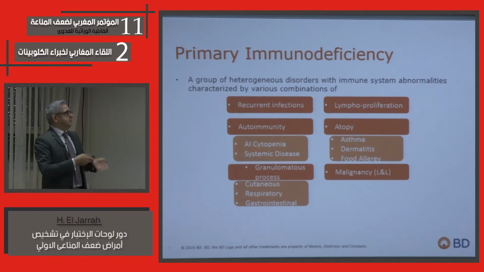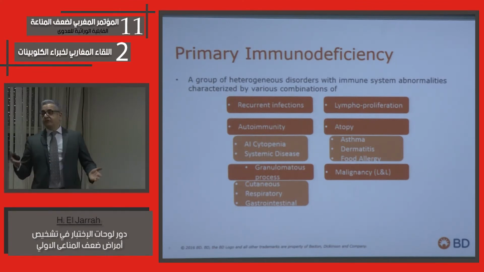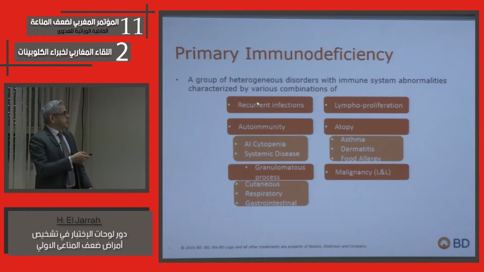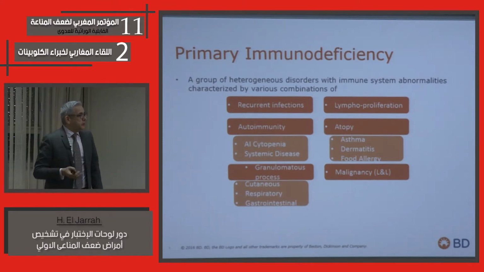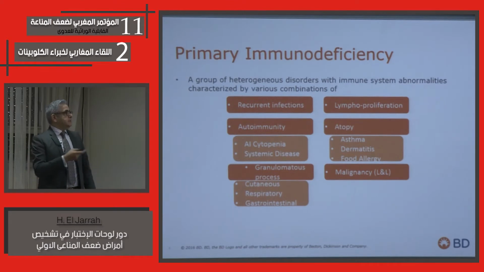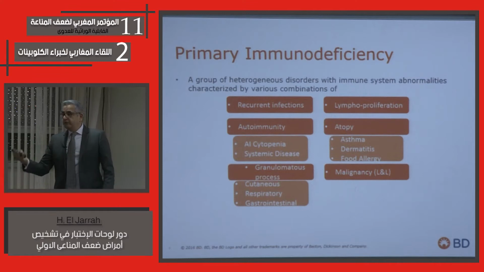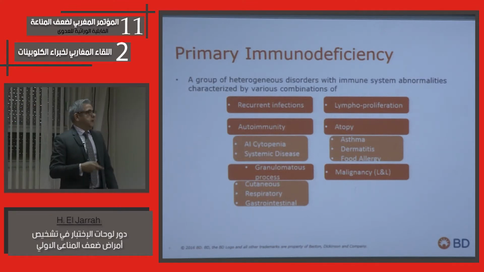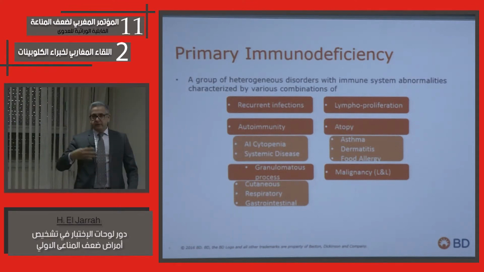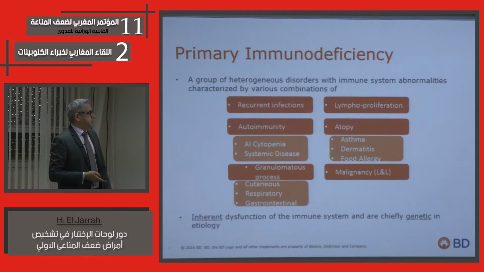Now, it's just what you know about primary immune deficiency being a group of heterogeneous disorders, and the hallmarks are recurrent infections, lymphoproliferation, atopy, asthma, dermatitis, even food allergies, sometimes even to the extent of malignancies as a complication.